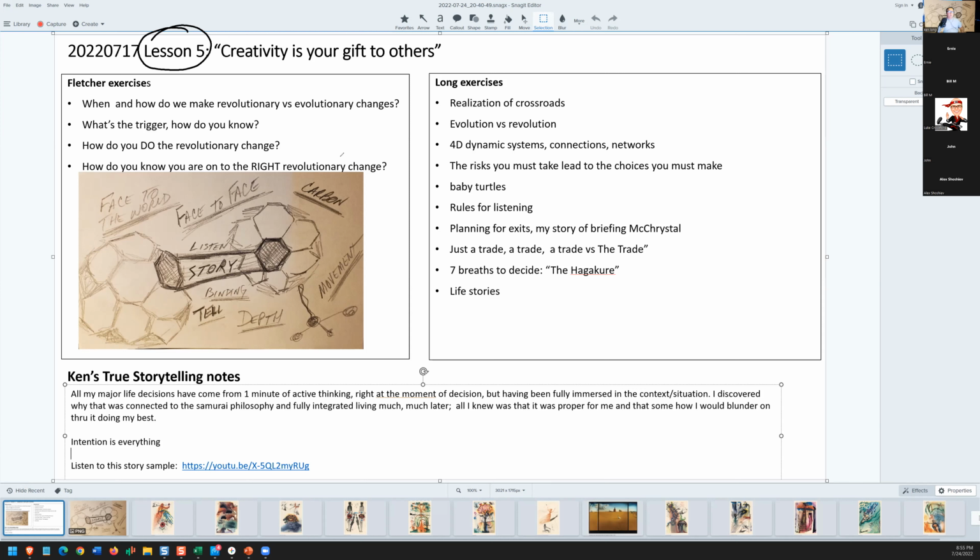This week's lesson from Fletcher, Angus Fletcher, was a historical study of the difference between revolutionary and evolutionary changes, and was concerned with the trigger and how do you know it's time to do that. And then if you decide to do revolutionary change, how do you do that revolutionary change?